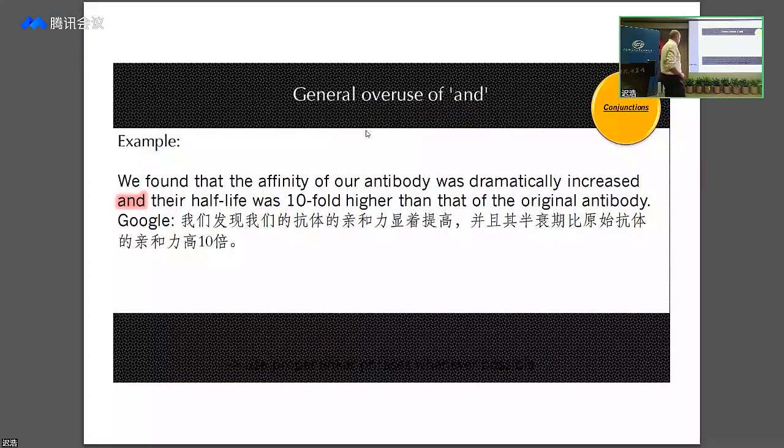Have a look at this. We found that the affinity of our antibody was dramatically increased, and their half-life was tenfold higher than that of the original antibody. Again, what is "and" indicating here? Is "and" indicating a causal relationship?